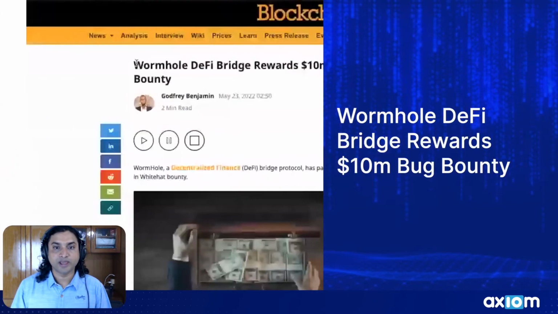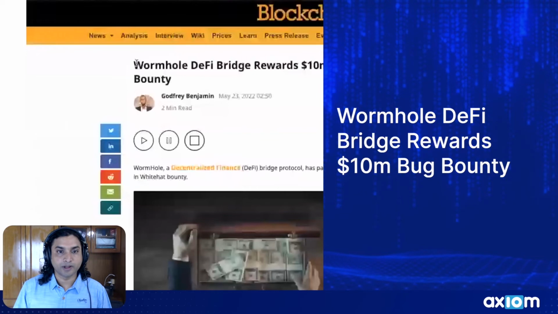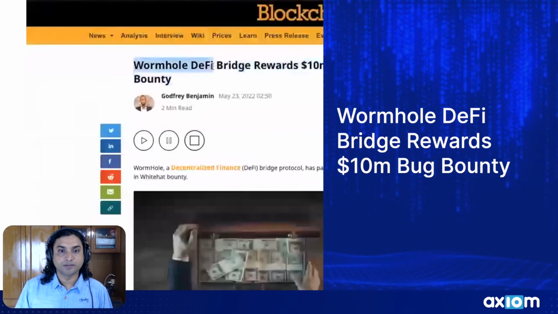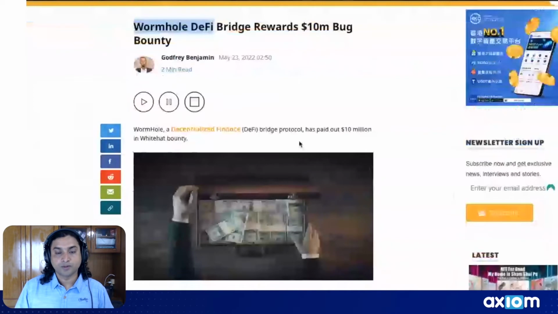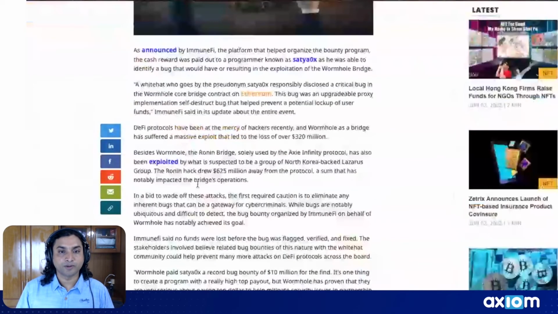Moving on, we have one of the biggest bug bounties paid by a blockchain DeFi called Wormhole. We are all aware how crypto and blockchain companies are targeted by hackers, and they're benefiting faster.